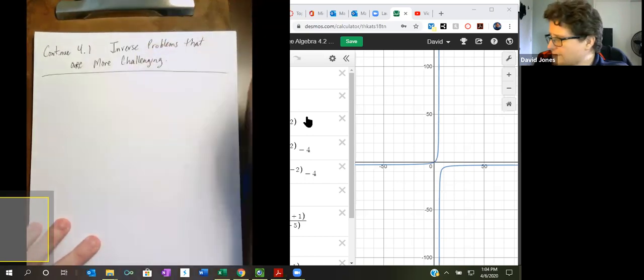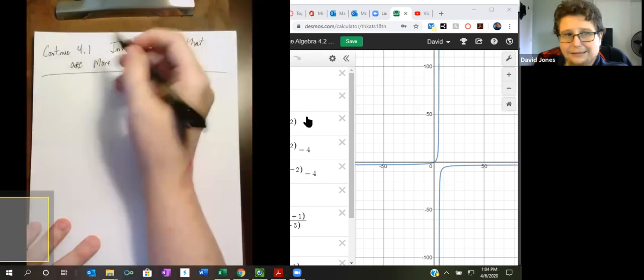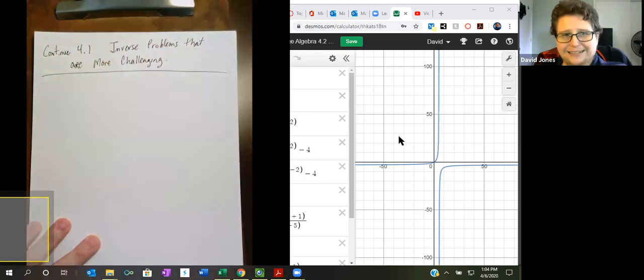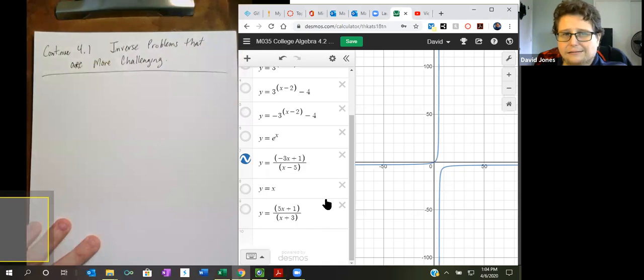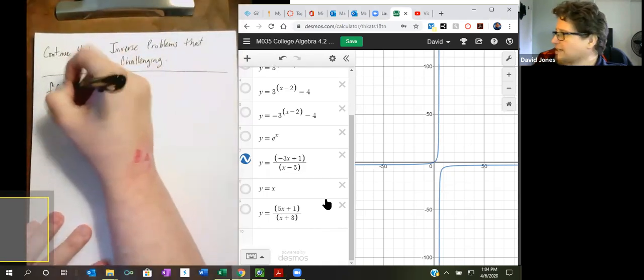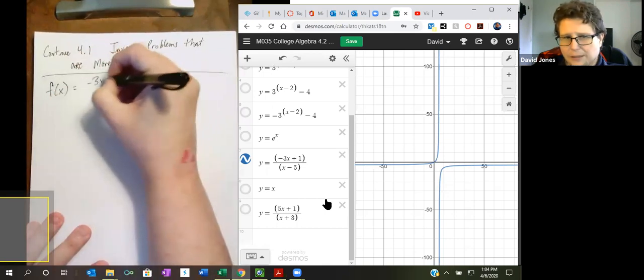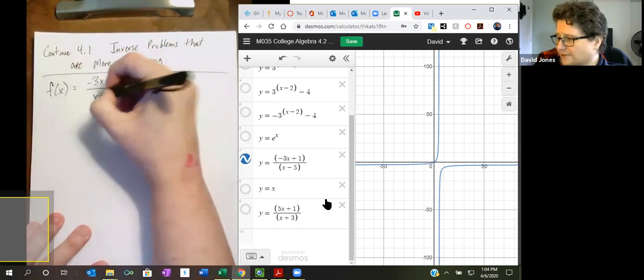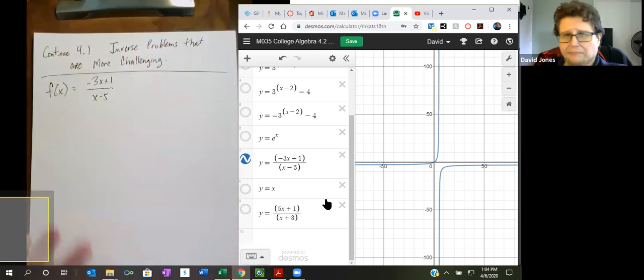What I had in mind, we can see over here on Desmos, is a rational function: negative 3x plus 1 over x minus 5. Now, in chapter 3, we learned how to find the vertical and horizontal asymptotes.